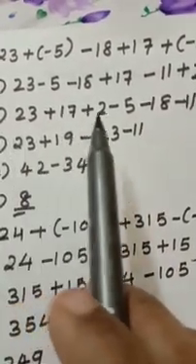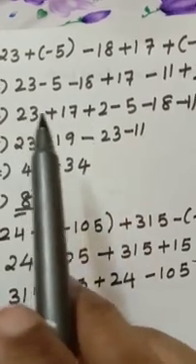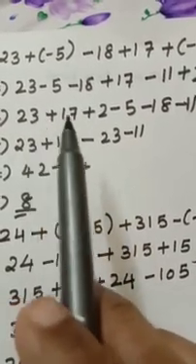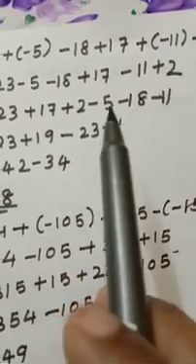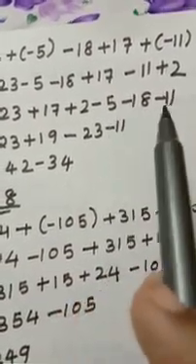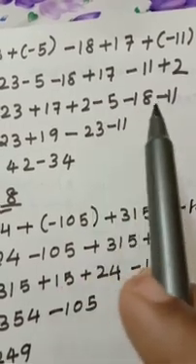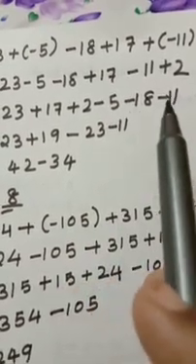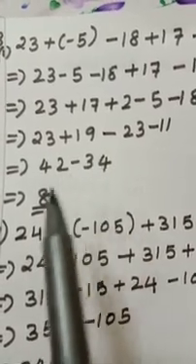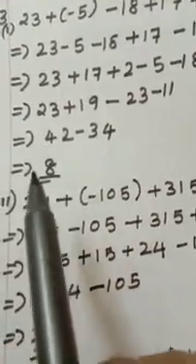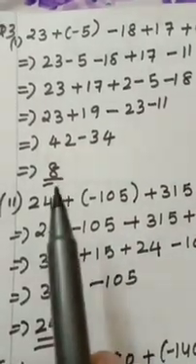Same sign numbers, you add it. 23 plus 17 plus 2 is 42. 5, 18, 11, you add it, you will get 34, minus 34. Same sign, you have to add it and put a common sign. Different sign numbers, you have to subtract and put the bigger number's sign. Clear?